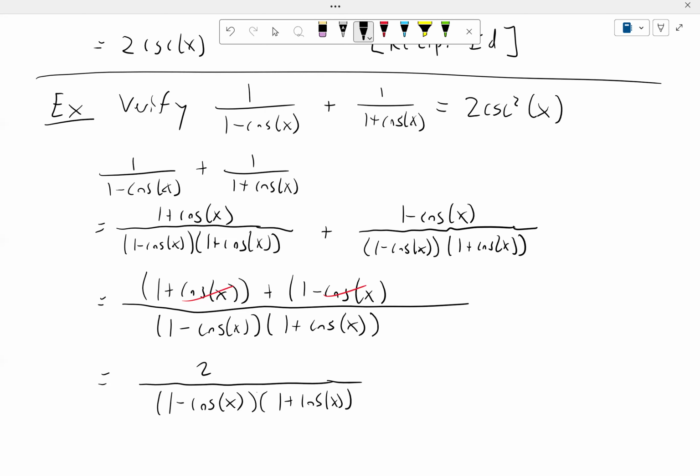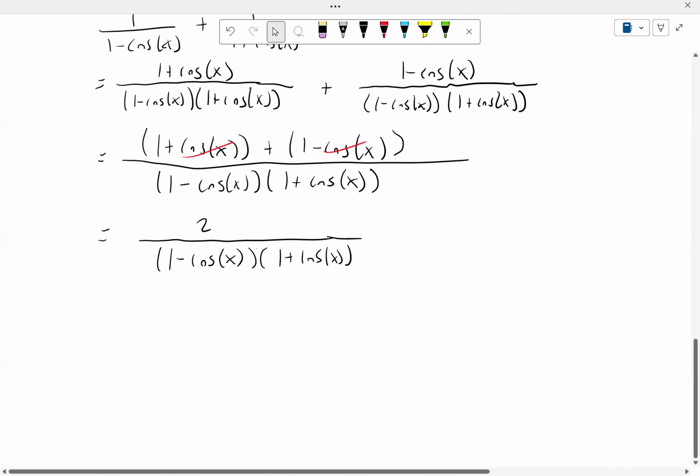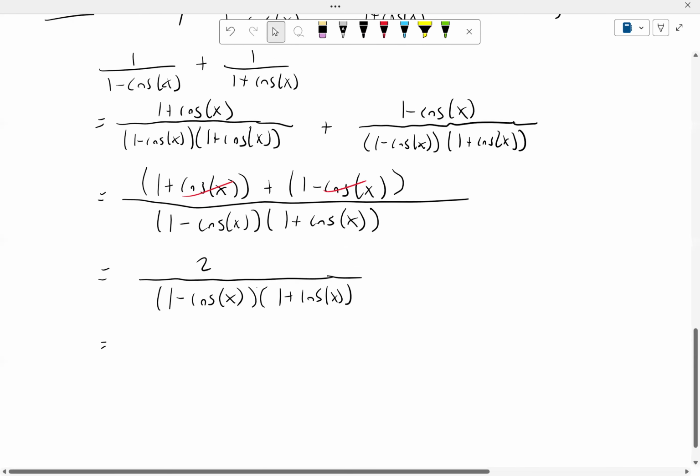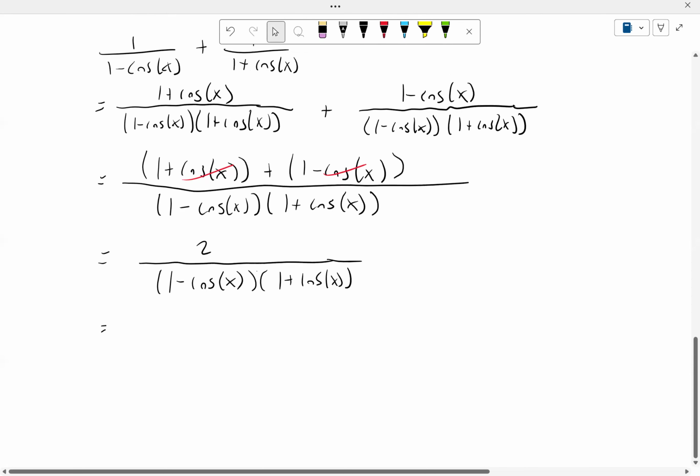Okay. And keep in mind here, I haven't used any trigonometric identities yet. So far, all I've done is just use algebra to get this far. Okay. So now, well, you might say, now I don't know what to do next. And in my previous example, I said it's probably better to leave that denominator factored out because you'll get better cancellation that way.